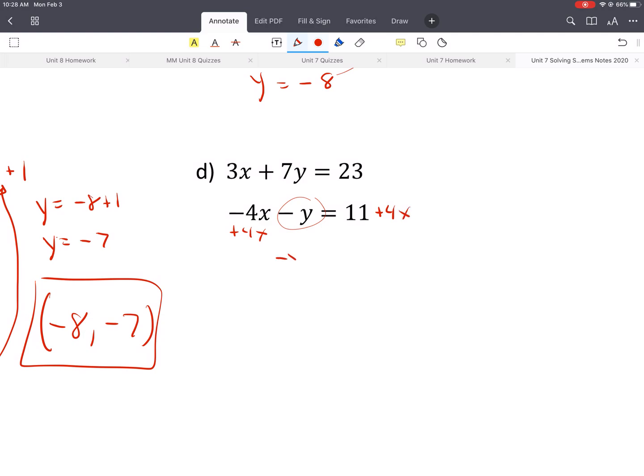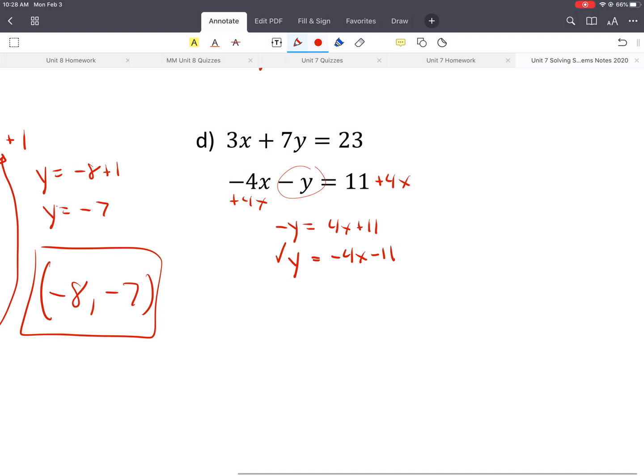So we'll get negative y is equal to 4x plus 11. And then to get y by itself, or get rid of that negative, we'll just divide everything by negative 1 or multiply everything by negative 1. Basically just change the signs for everything. And we're good. So we solved it for y.